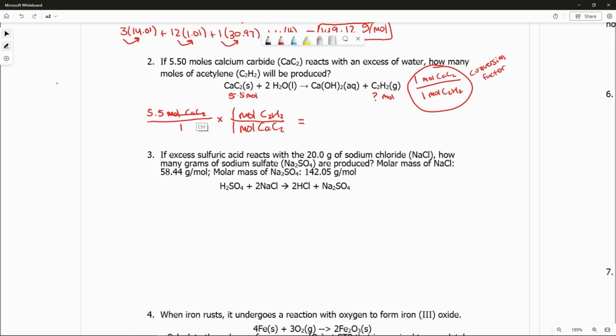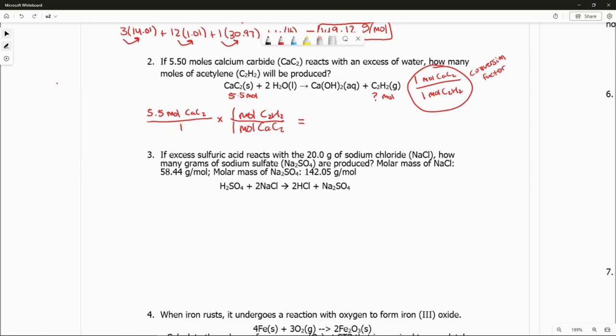So all we got to do is multiply everything on the top, 5.5 times 1, and then click enter on your calculator, and then multiply everything on the bottom and divide that into the number you got on the top. So 5.5 times 1 is 5.5. Click enter, and then divide it by the multiplication of the things on the bottom. So 1 times 1 is 1.